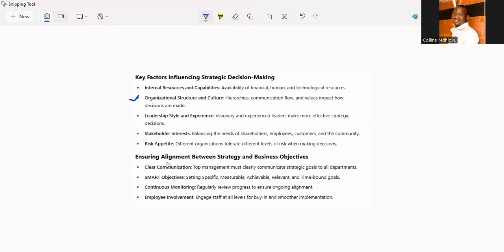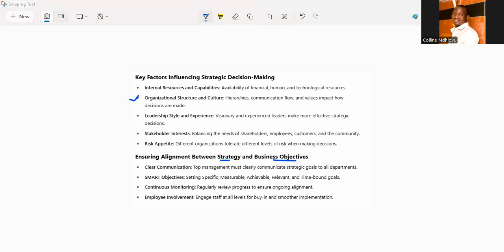All right. Now, how do we ensure that there's a linkage between strategy and business objectives? The following can be done. Number one, by ensuring there's clear communication.